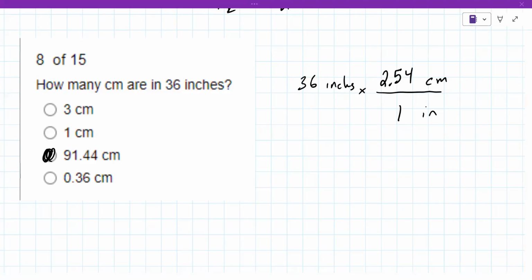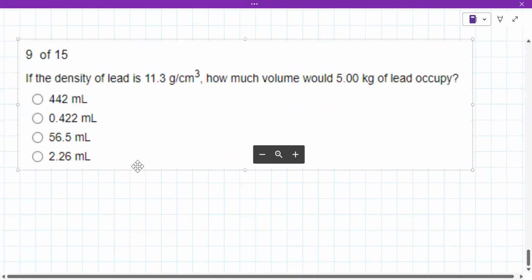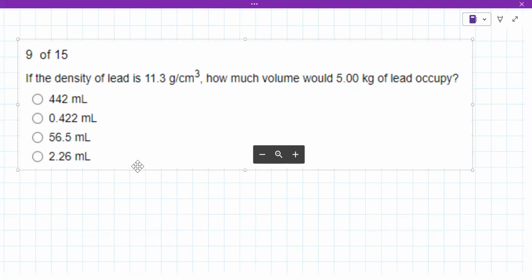Yeah. So, all right, let's look at density of lead. If the density of lead is 11.3 grams per centimeter cubed, how much volume would 5 kilograms of lead occupy? Okay.